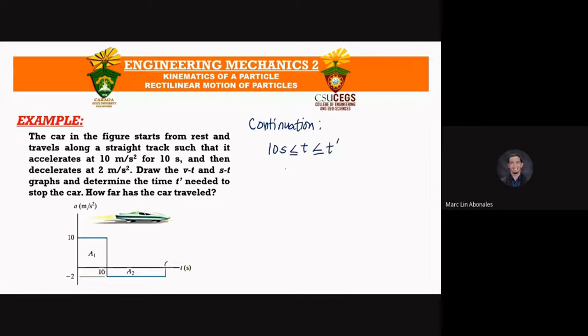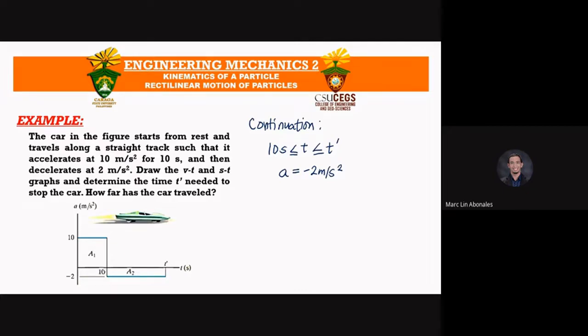And the expression sa acceleration that describes this time interval is a equal to negative 2 meters per second squared. If you notice here sa a graph, it is also a horizontal line. Then the value here is a deceleration of 2 meters per second squared. So that's why it is negative 2 meters per second squared.